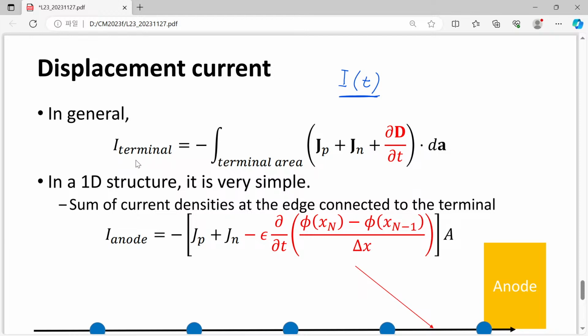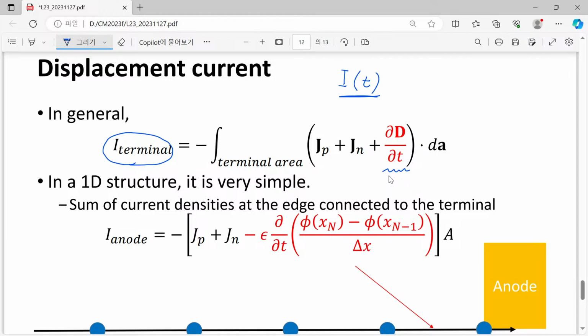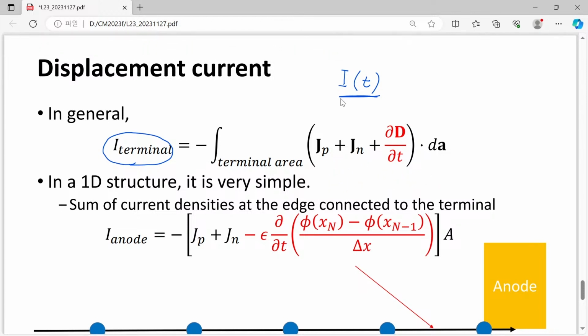However, if we want to calculate the terminal current, then we must consider this displacement current contribution. These are all related to the particle current density and were used in the DC simulation. But in the transient case, we have to consider this additional displacement current term.